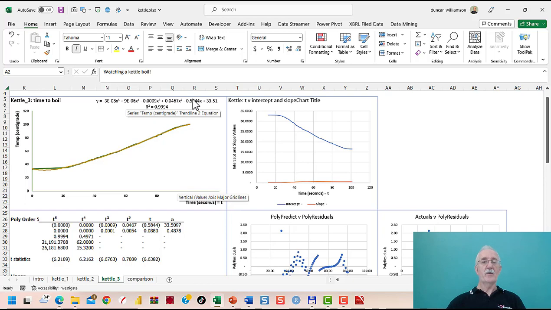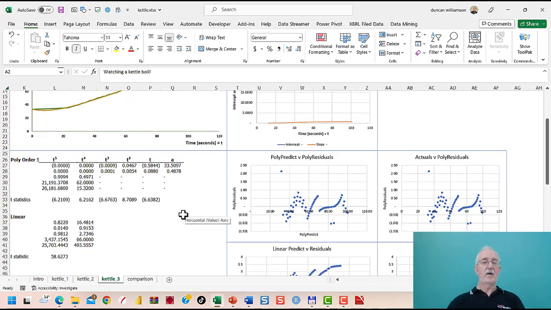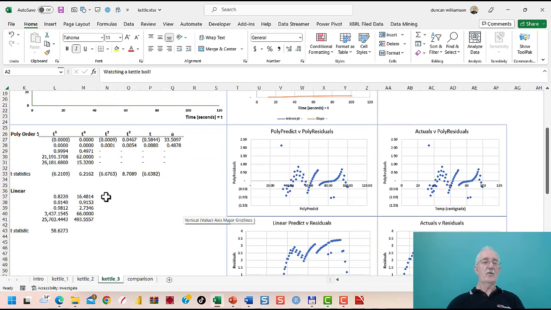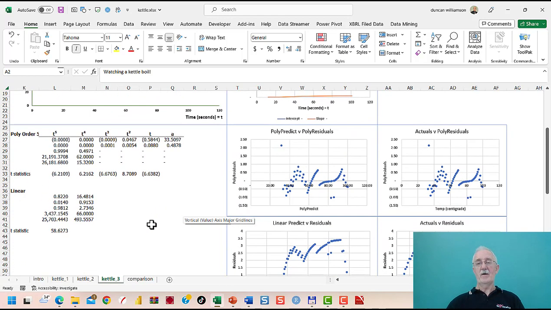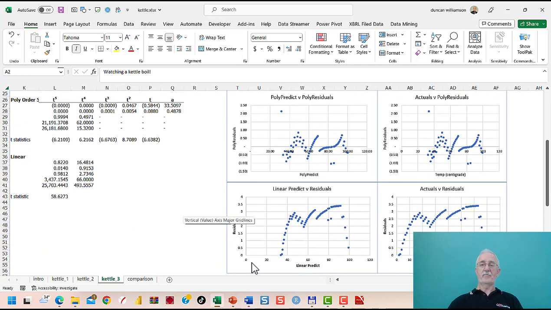And poly order 5, LINEST, ordinary least squares LINEST. Again, on the left-hand side is all the data. But now the residuals, polynomial, a bit different, don't you think? And linear, again, a bit different.